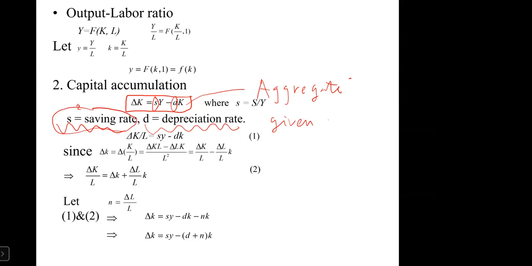All right, so now we understand this aggregate, so we are going to convert this aggregate into per capita terms. Why do we want to do that? It comes from here. Again, to remind you, we have this equation coming from constant return to scale. Right?